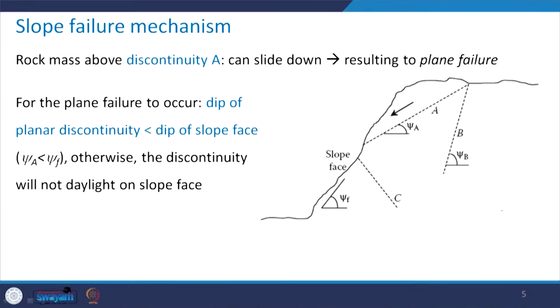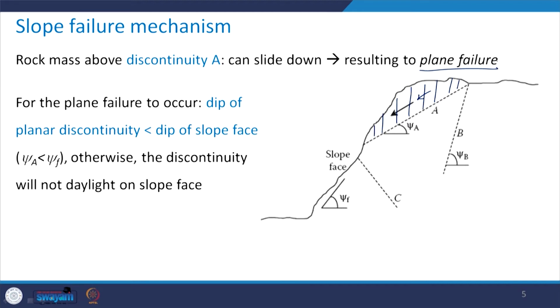Take a look here once again. As I mentioned, the rock mass which is above this discontinuity can slide down in the direction of this arrow, and that would result in plane failure.